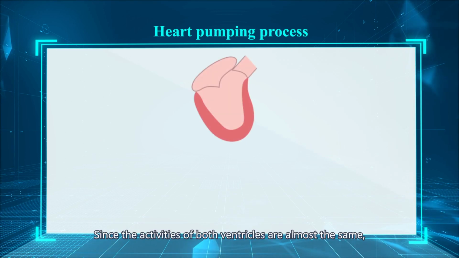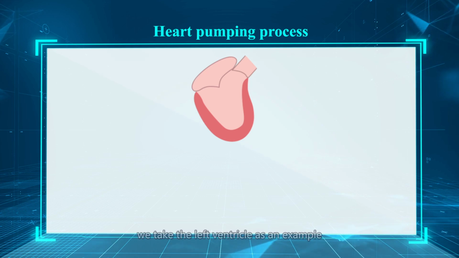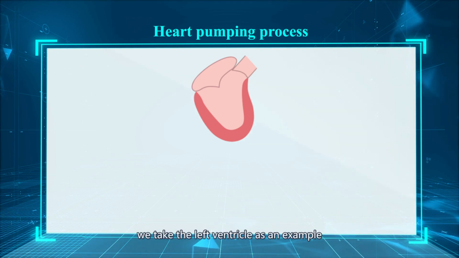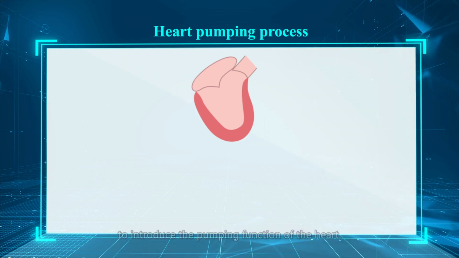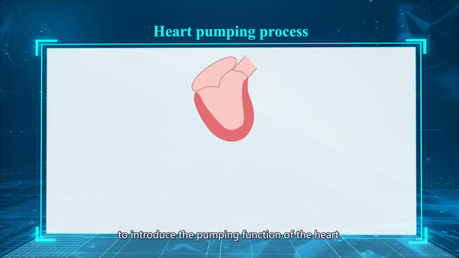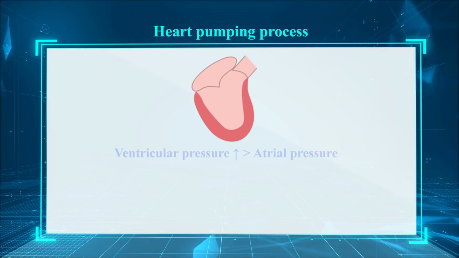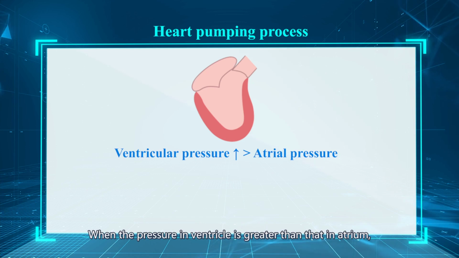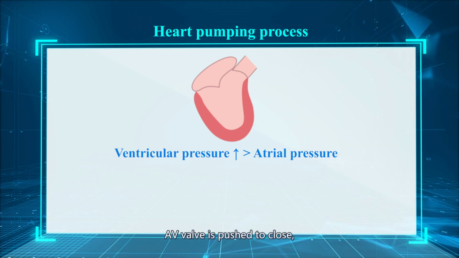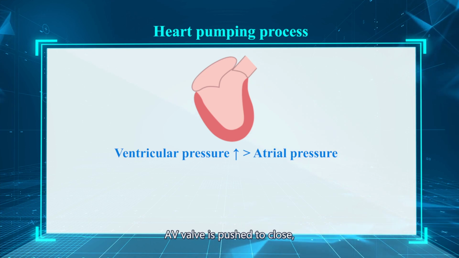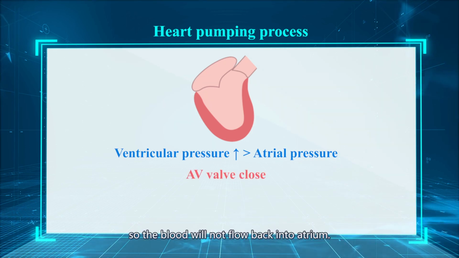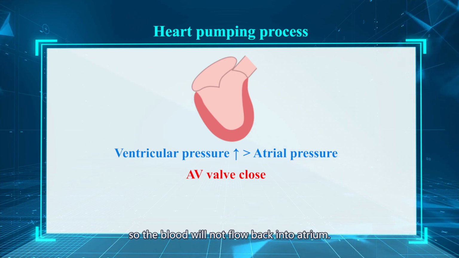Since the activity of both ventricles are almost the same, we take the left ventricle as an example to introduce the pumping function of the heart. When the pressure in ventricle is greater than that in atrium, AV valve is pushed to close, so blood would not flow back into atrium.